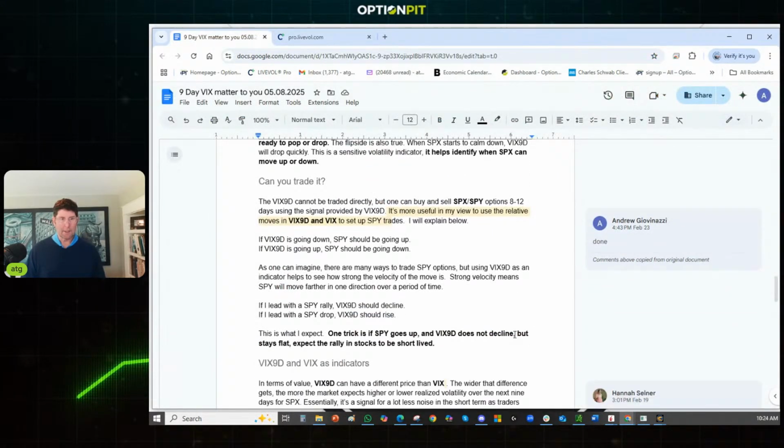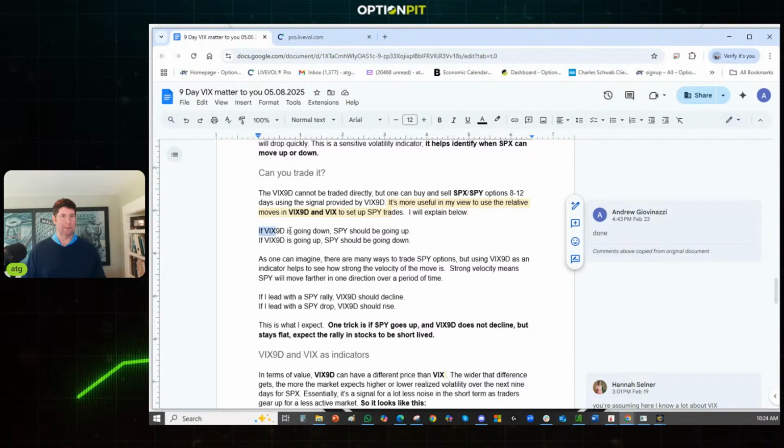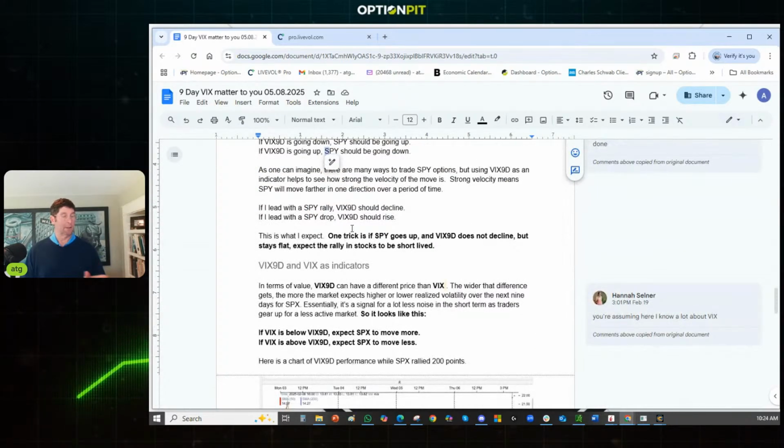So here, a couple of general trends. If 9-day VIX is going down, SPY should be going up. If 9-day VIX is going up, in general, SPY should be going down. A couple other things to note. Again, if SPY is rallying, the 9-day VIX should be declining.